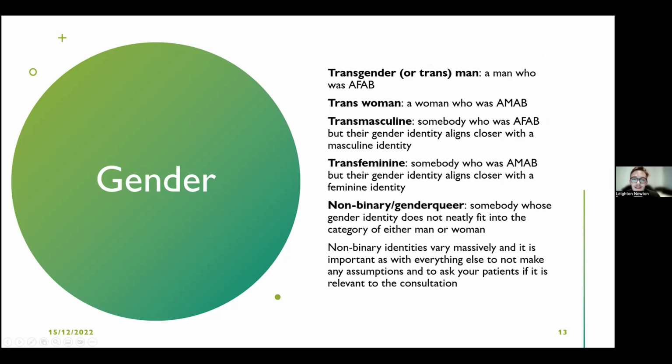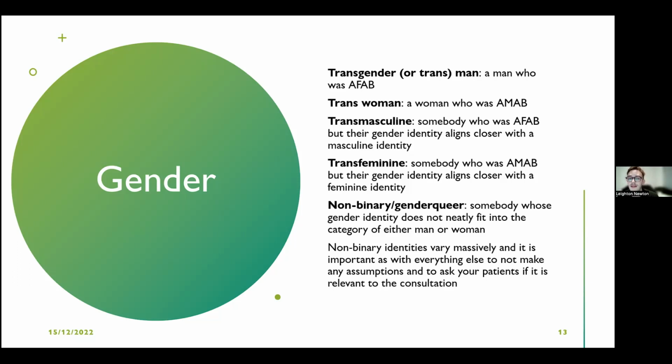And some more specific definitions. A trans man is a man who was assigned female at birth. A trans woman is a woman who was assigned male at birth. Trans masculine is somebody who was assigned female at birth whose gender identity aligns closer with a masculine identity. So a trans masculine person can be a trans man, but not necessarily.